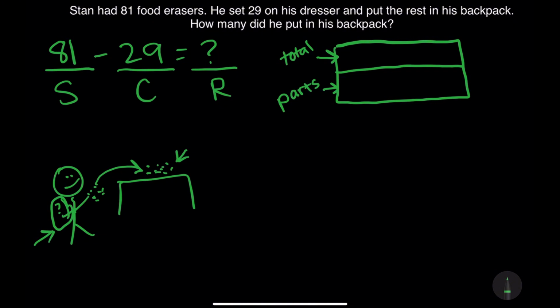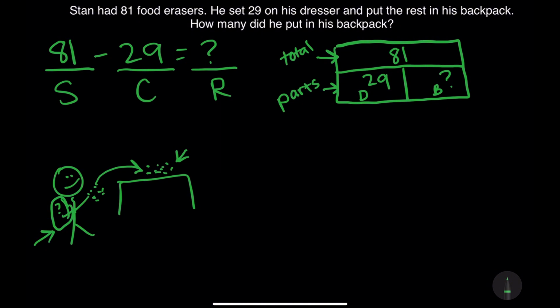Dresser and backpack are the two parts. So 29 are on his dresser, and we don't know how many are in his backpack. So that means that 81 is the total amount of food erasers that Stan has.